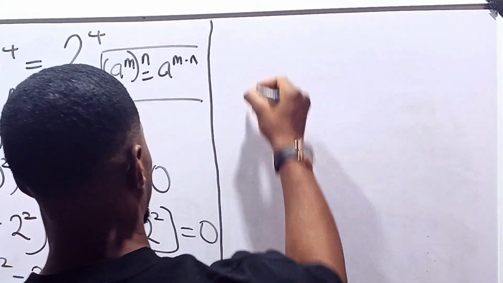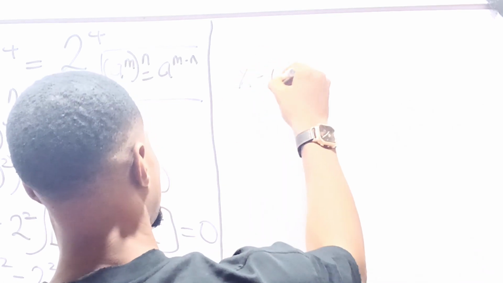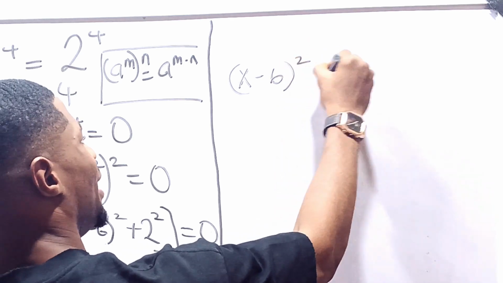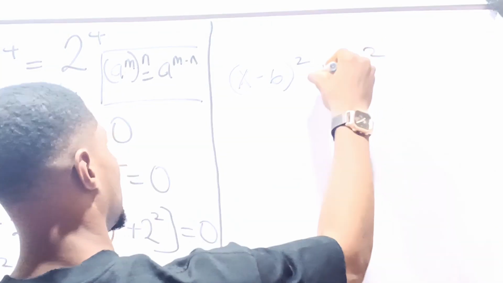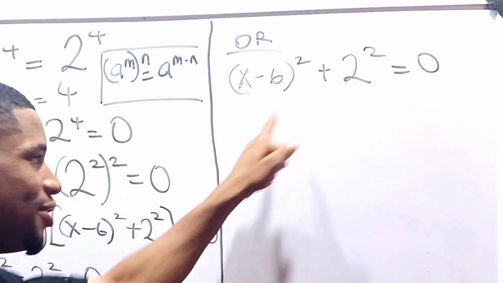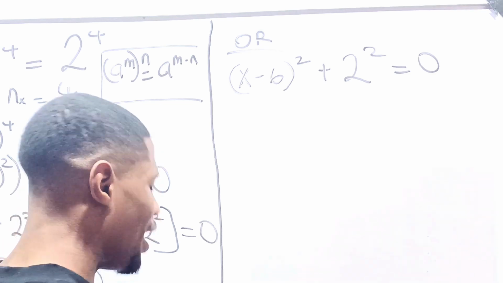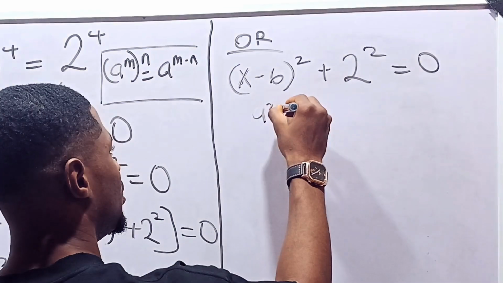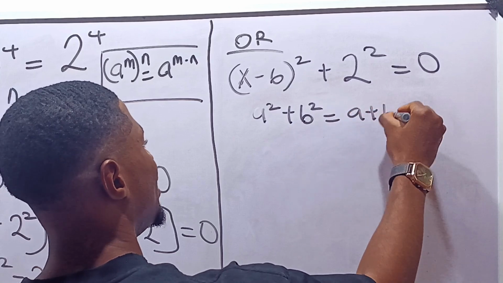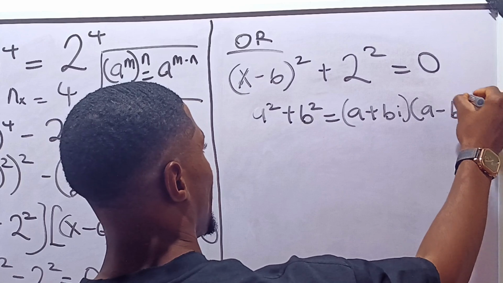Okay, now moving on to the other side. We have (x − 6)^2 plus 2^2 is equal to 0. Okay, we have all this. Now we can say from here that this is the sum of 2 squares. And when we have a^2 + b^2, it is equal to (a + bi) multiplied by (a − bi).